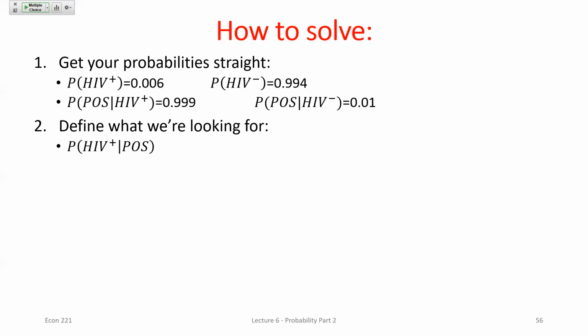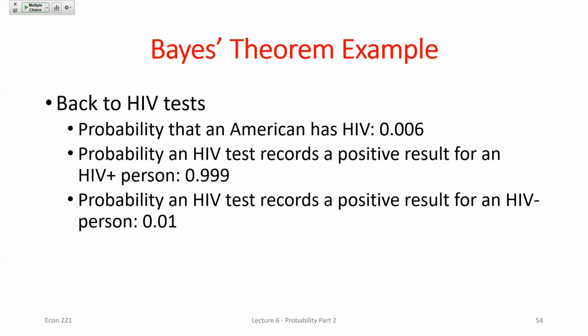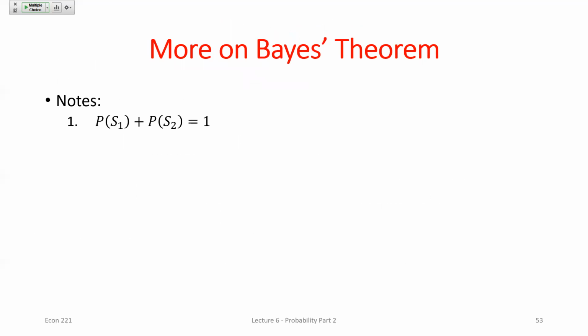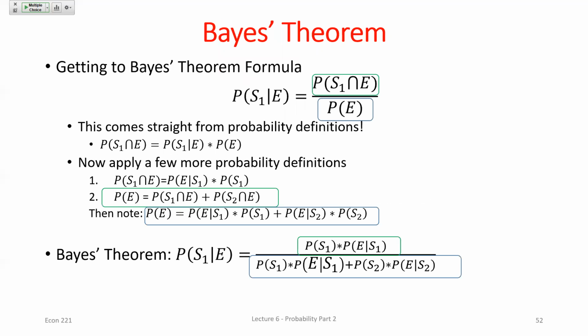Well, if I'm looking for the probability that someone is HIV positive, given that they got a positive test result, right? So given that they saw a positive test result, what's the probability they're HIV positive? I think this is probably the easiest way to do this. If I go back and look at the general form of the equation.